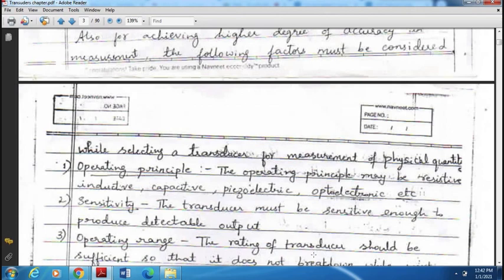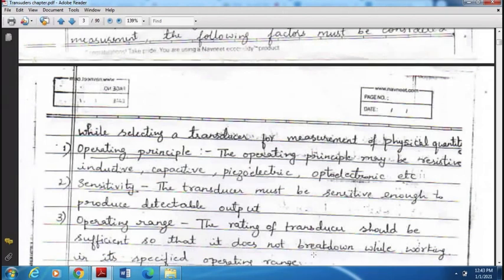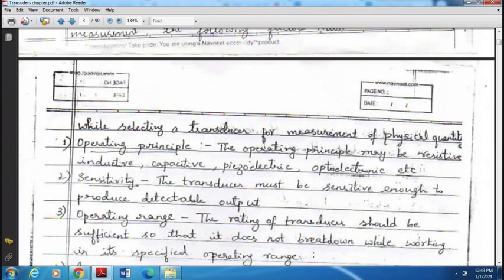We have to look into the operating range of the transducer. So what is the output we require? Based upon that, we have to select the range of the transducer. In the application, how much range is needed, you have to select the transducer based on the operating range. The rating of the transducers will be specified, so based on that you select the transducer so that it works within the limits.